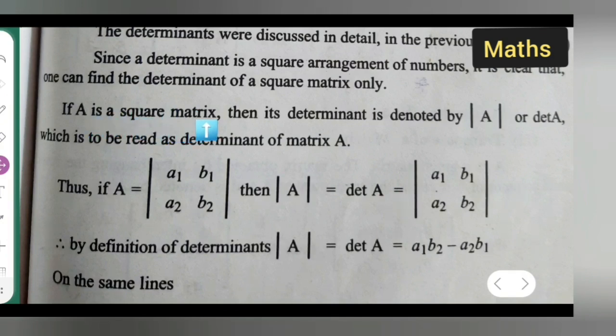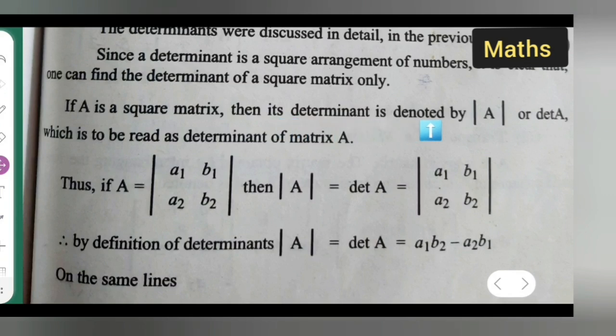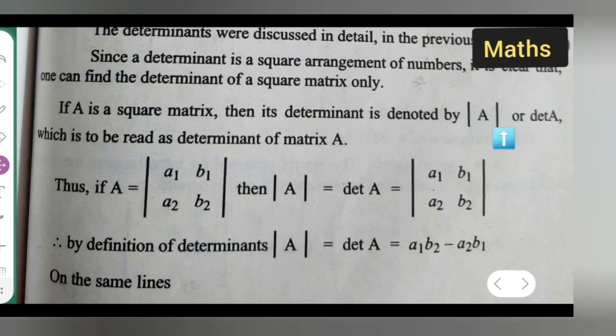Now if A is a square matrix, then its determinant is denoted by det A, meaning determinant of A, which is to be read as determinant of the matrix A.